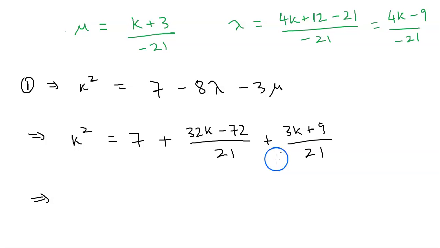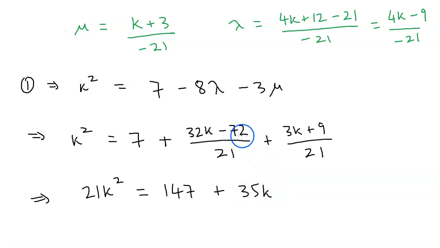And then let's multiply through by 21. So 21k squared is equal to 7 times 21, which I guess is 147. Okay, so plus 32k and 3k, that will be 35k. And then it would be minus 72 plus 9, so that would be minus 63.